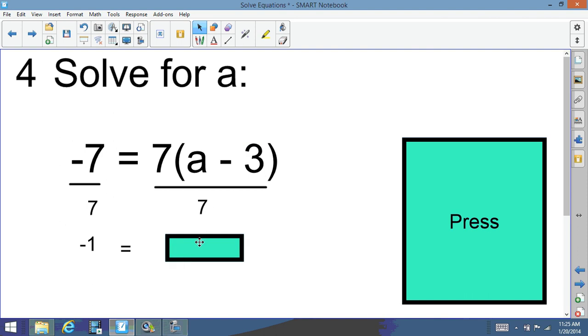And inside my box, I had a minus 3. So let's bring that down here. That was inside my box. A minus 3. So let me just add 3 to both sides.